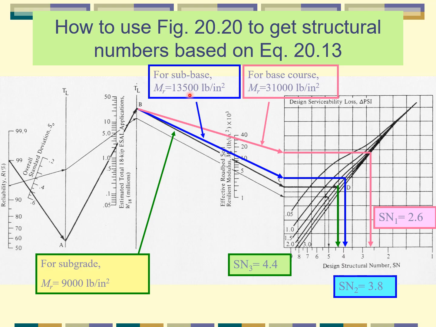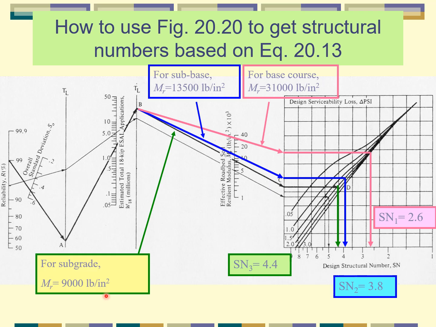And for the sub-base course, the modulus of resilience is 13,500 pound per square inch. Let's suppose in this example. So blue color is meant for this sub-base, you know. And this black color line is for subgrade, where the modulus of resilience is 9,000 pound per square inch.